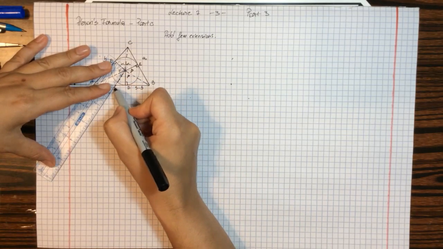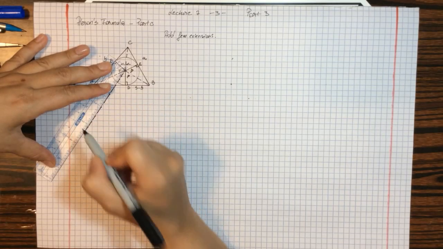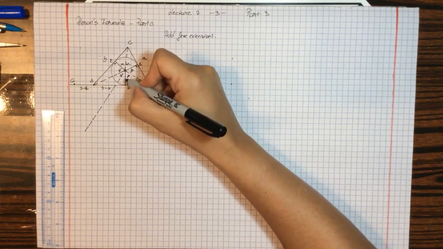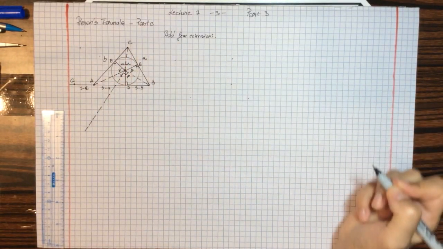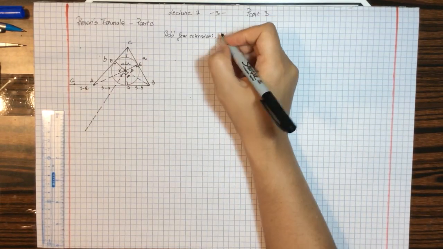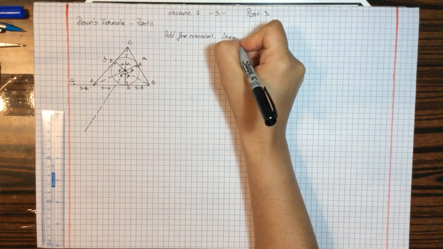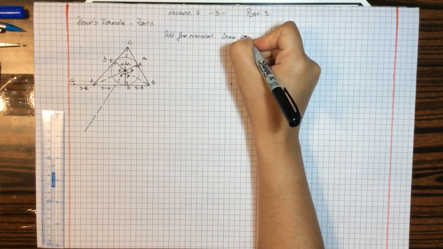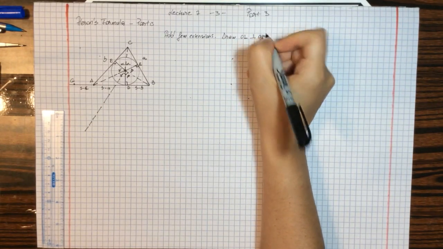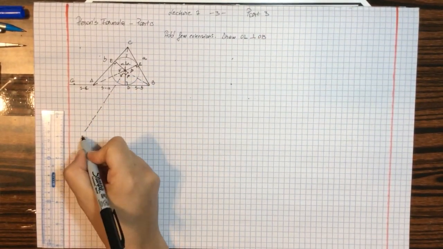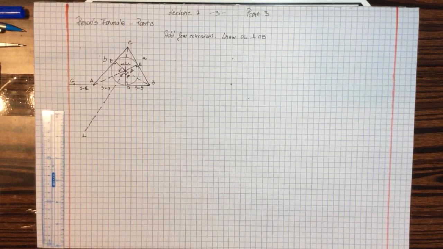Here it is. Okay, so that means that this angle is right. So the first thing I do is the following. I'm going to draw the line OL perpendicular to OB. So this is the line OL, and it is perpendicular to OB.